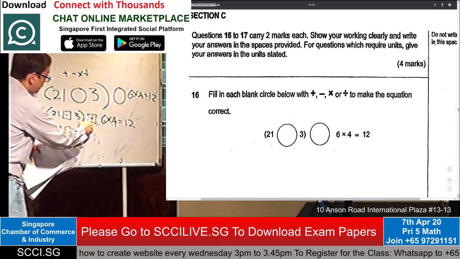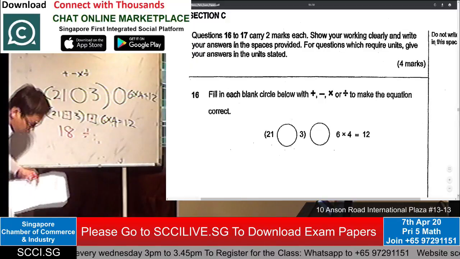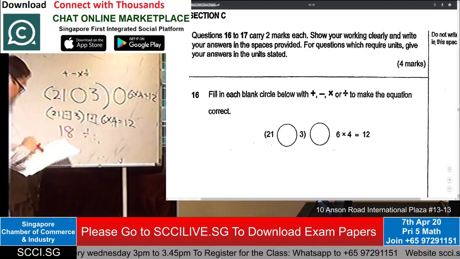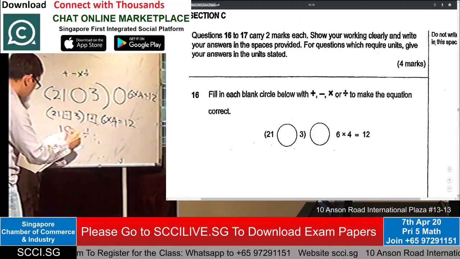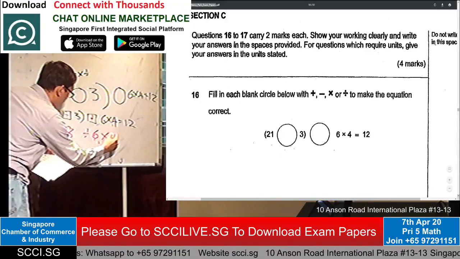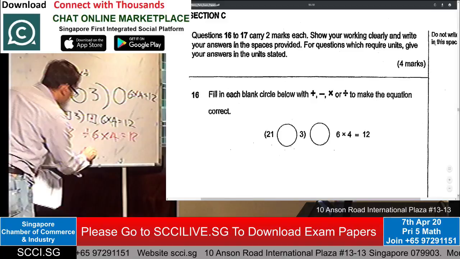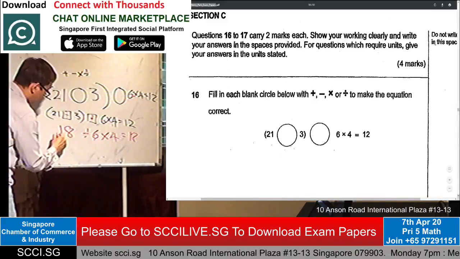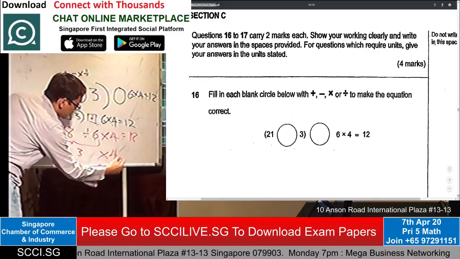Because if this is a multiplication, we should not do this first. Because we do not know the symbol, we make a mistake. So it's 18. If it's minus, then divide by 6, times 4 can be equal to 12. So down here, work out to be 3 times 4 is equal to 12.